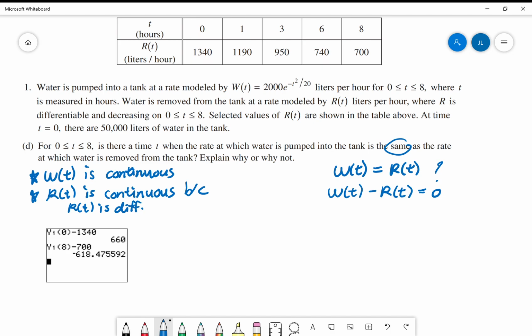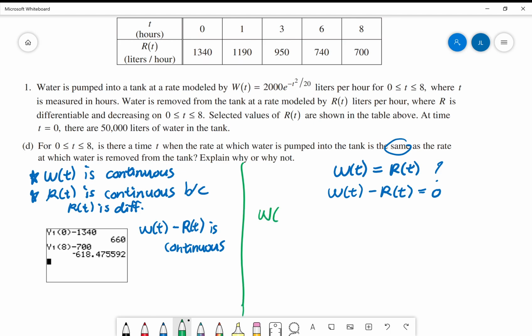And because we're dealing with two continuous functions, their difference, the function W of t minus R of t, will also be continuous. So we want to look at what's happening to the difference of the two rates at the beginning of this time period at t equals 0, and at the end of this time period.